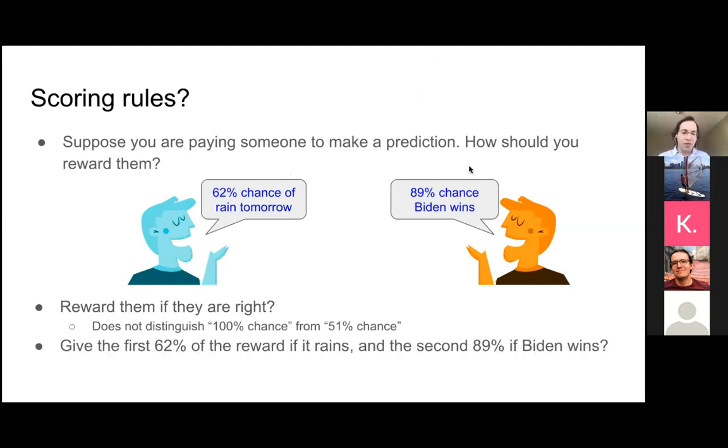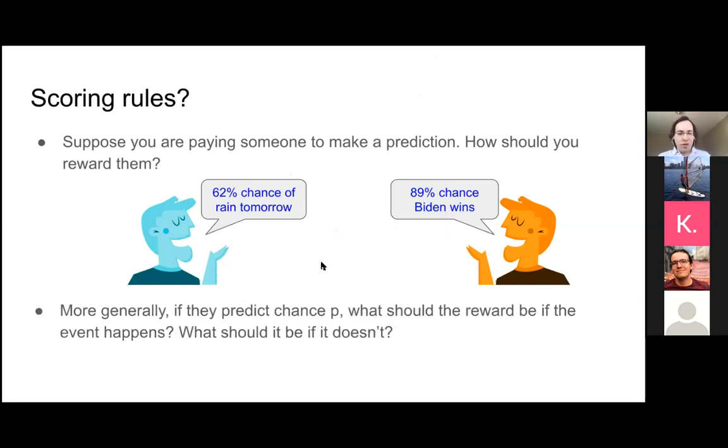You could give the first guy 62% of the reward if it rains, for example, proportional to the prediction. But actually, if you think about it, this gives exactly the wrong incentive. It incentivizes both to just say 100%, even if they believe there's truly only a 51% chance.